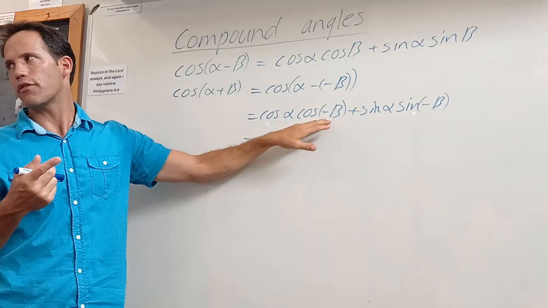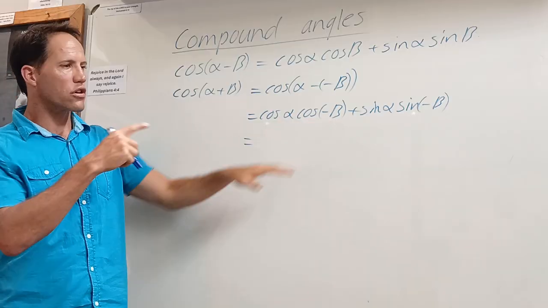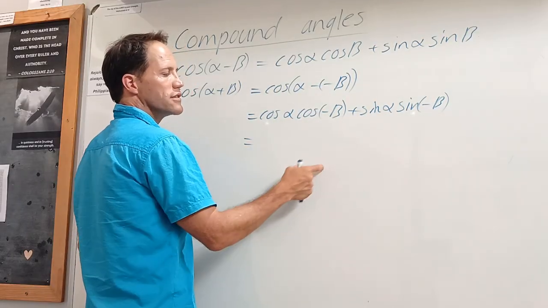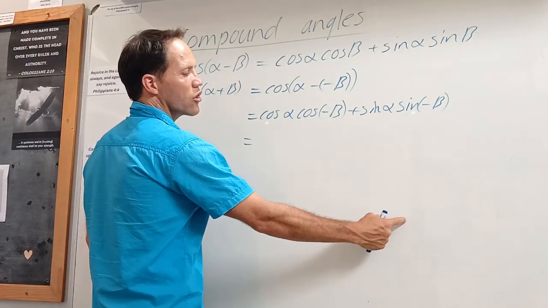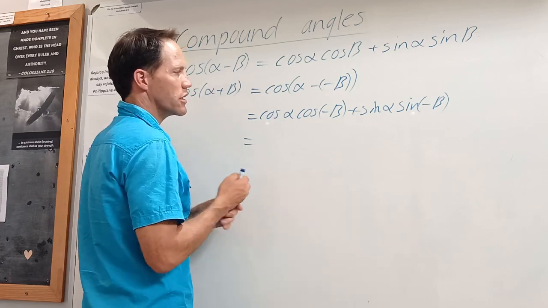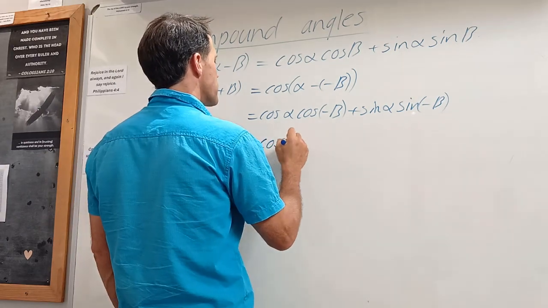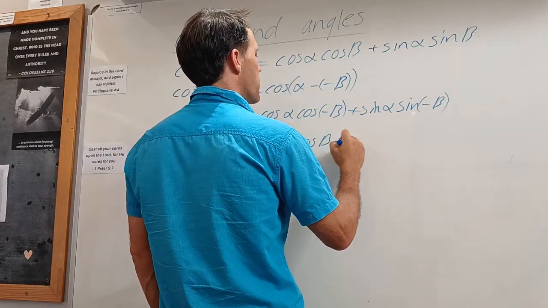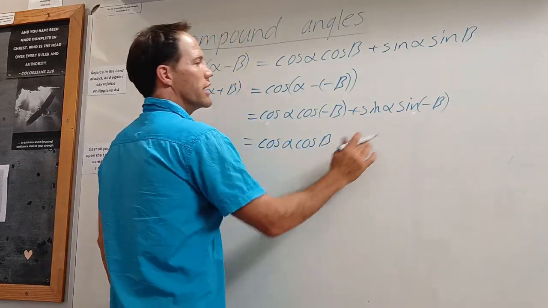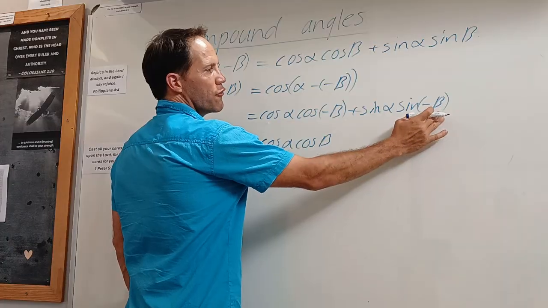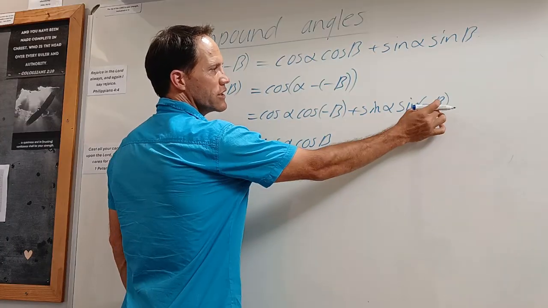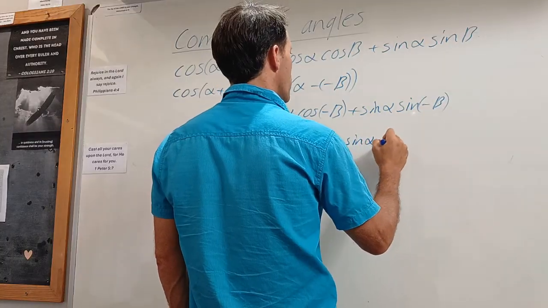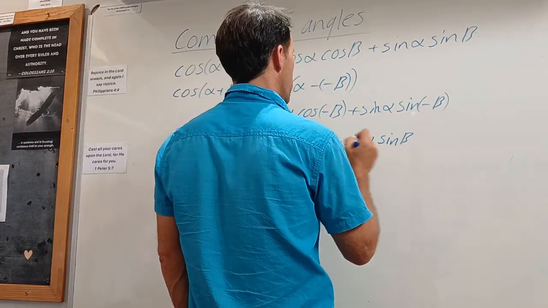Just cos beta, positive cos beta. Okay, because of cos, sine, tan: cos in the 4th quadrant is positive. So it's going to become cos alpha cos beta, and then plus minus, because now there's sine negative beta. 4th quadrant for sine is negative. So this negative, you can just put in the front, say negative sine alpha sine beta.